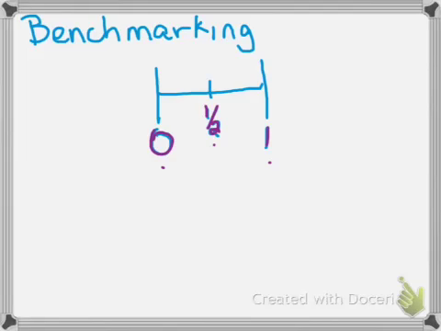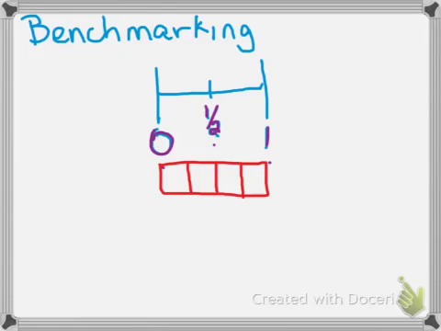Well, there's a couple tricks that we can do. The first one, which we discussed as a class, is pretty easy, is when we draw the pieces out. When we draw the pieces out, we know we're going to go from 0 to the whole. And say I'm doing, let's go with fourths here.